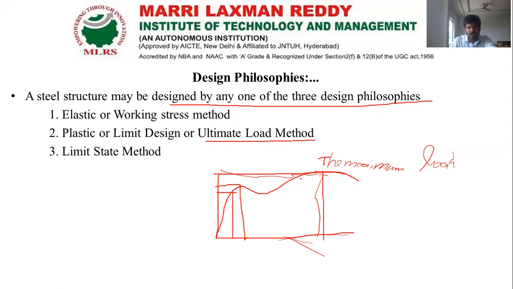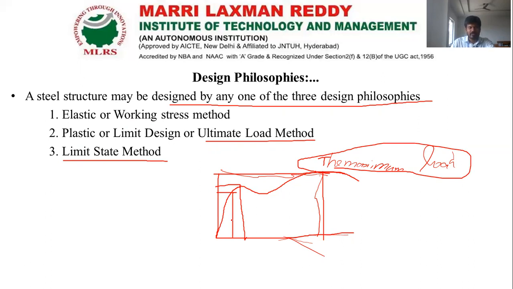In this zone I can get some safe requirements, such as an indication about its failure. That is what I am going to use, and it is nothing but the limit state method. The maximum utilization of maximum load criteria becomes the ultimate load method. The working stress method is nothing but design under the elastic limit.